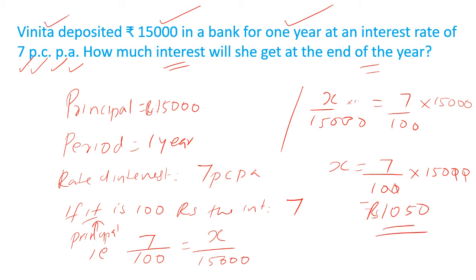So after depositing 15,000, after 1 year she will be getting 15,000 plus 1,050 rupees. Understood? This way we calculate this.